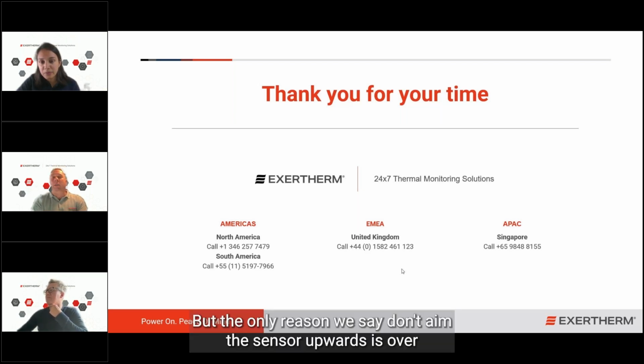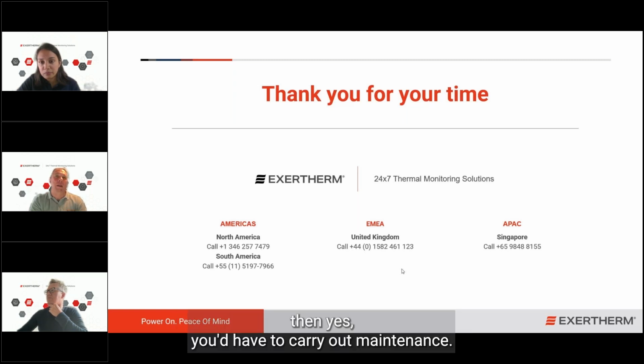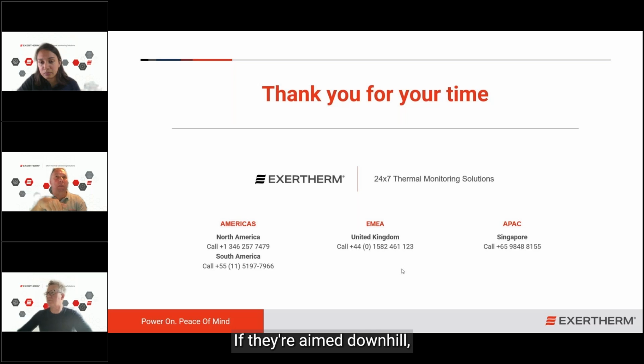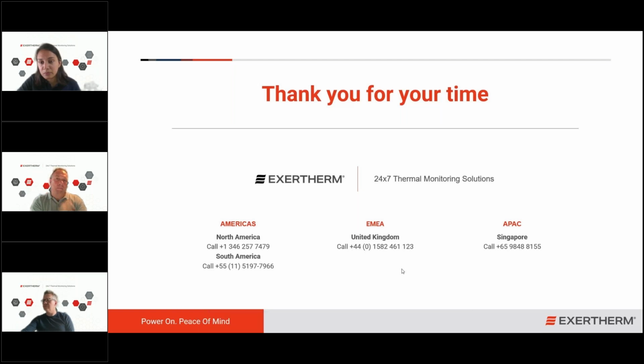The only reason we say don't aim the sensor upwards is over time you could start to get dust and contamination fall onto the sensor itself. Then, yes, you'd have to carry out maintenance. When you're cleaning the gear, you'd have to clean the sensors. If they're aimed downhill, dust can't really fall uphill. So, no, there is no maintenance strategy involved with these.